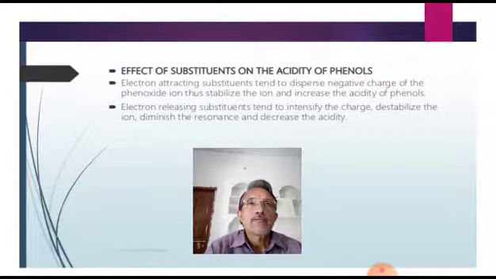So remember, whenever electron withdrawing groups are found with phenol, they increase the acidity of phenols. Whenever electron releasing groups are found with phenol, they decrease the acidity of phenols.